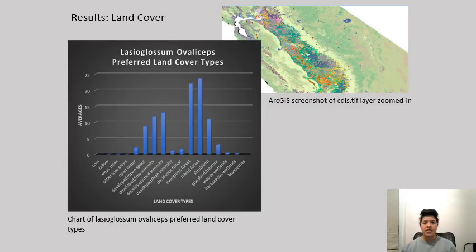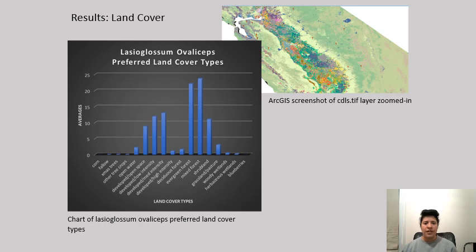The top 6 favored land cover types for the oval-headed sweat bee were mixed forest at 24%, evergreen forest at 22%, developed medium intensity land at 13%, developed low intensity land at 12%, and shrubland at 11%, as well as developed/open space at 9%.